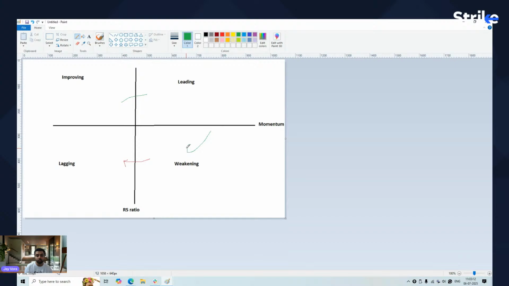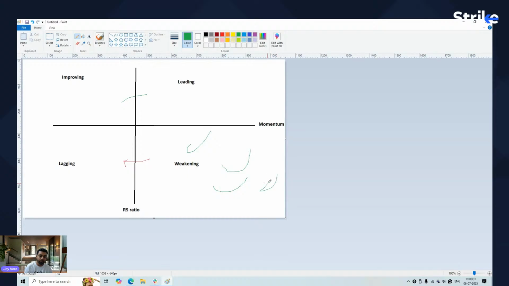And as I told you, momentum will always turn around first, and then you will see outperformance coming in. The angle doesn't matter, but say something like this is happening, or something like this. All these are good things.